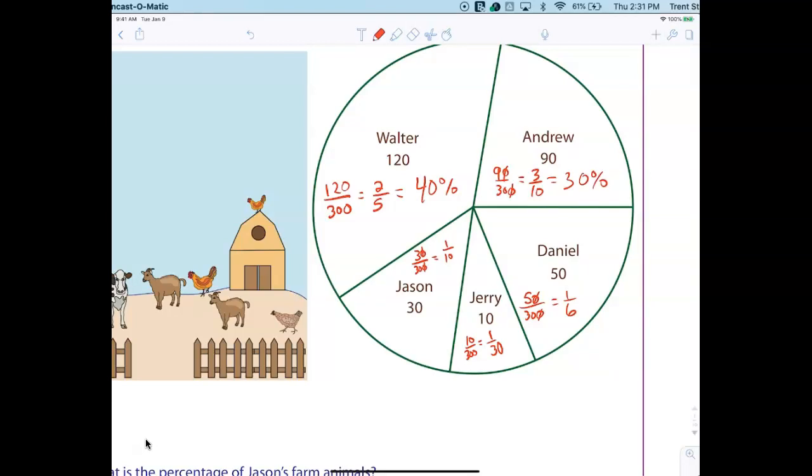So Jason represents 10%. Now, Jerry. What percent is Jerry? What do you think?